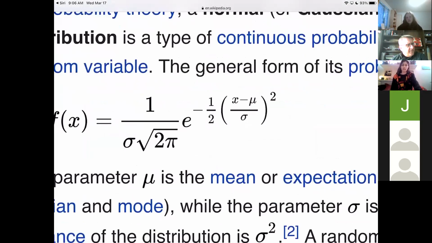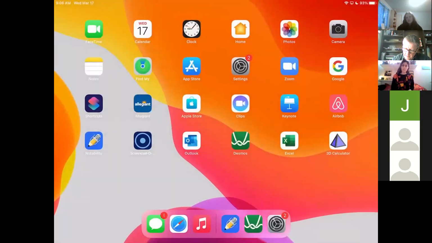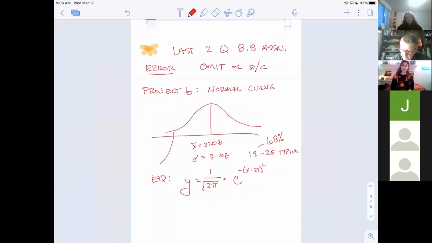So we'll talk about this in a little bit, but that's x minus the mean. That mu symbol is the 22, and that sigma on the bottom is our 3, and that's what I couldn't remember for sure, where did that go? So now we got it. So it's x minus 22 divided by 3.